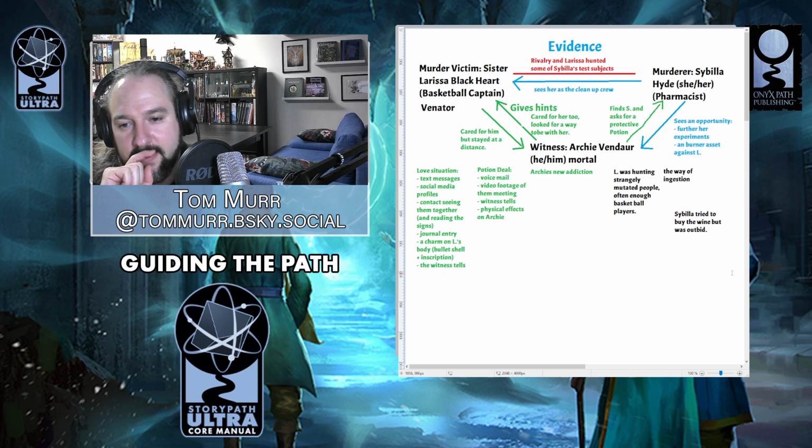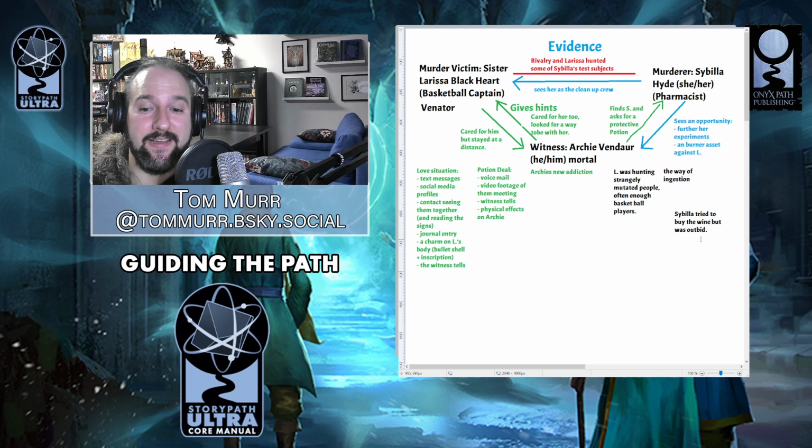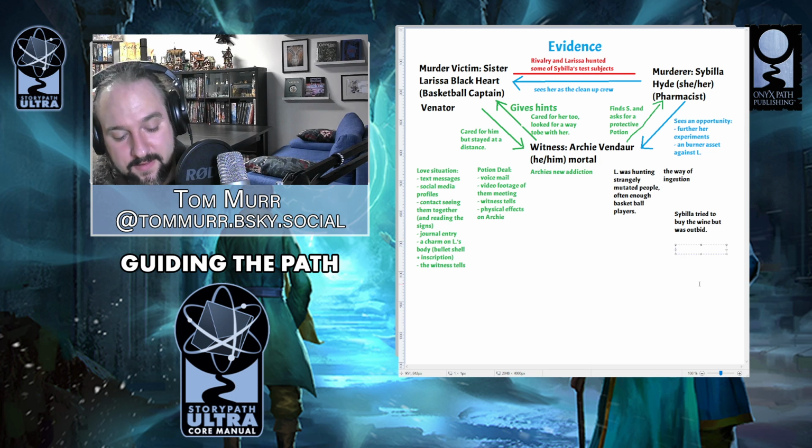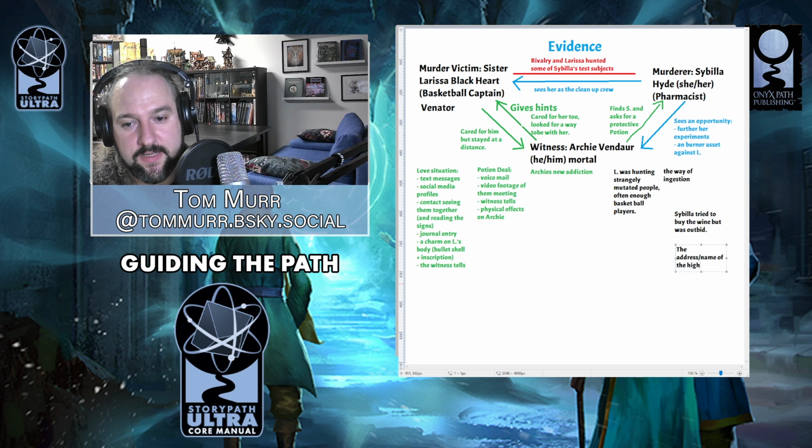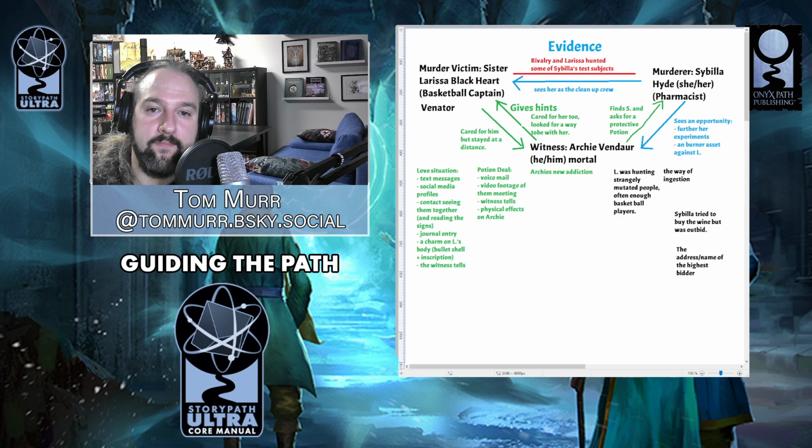Since I love adding more complexity to stuff, and I need people to stop me from that, I would totally say the address or name of the highest bidder is also a piece of evidence, although not for this story, actually.